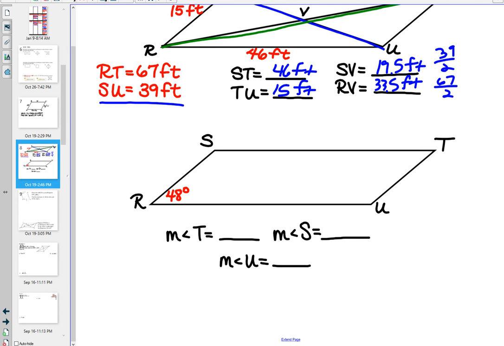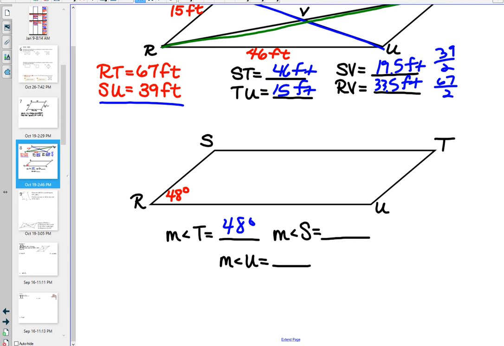And then what else do we learn about angles? Consecutive angles are supplementary. Okay, so they give me one angle here. They give me angle R. Is angle T opposite or consecutive? It is opposite. So what is angle T going to be? What's the measurement of angle T? 48 degrees. Is angle S opposite or consecutive? It's consecutive.